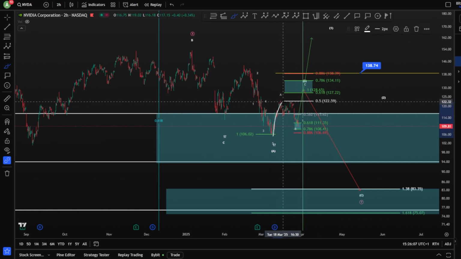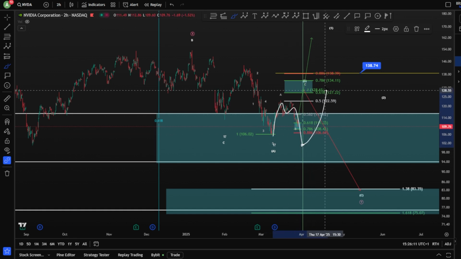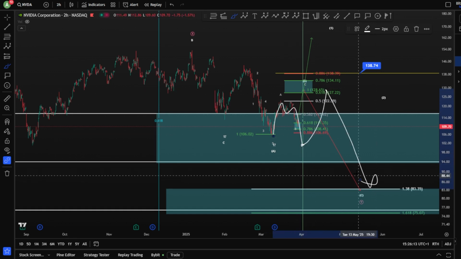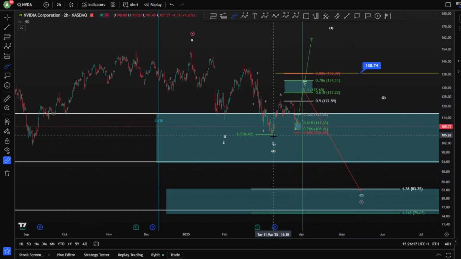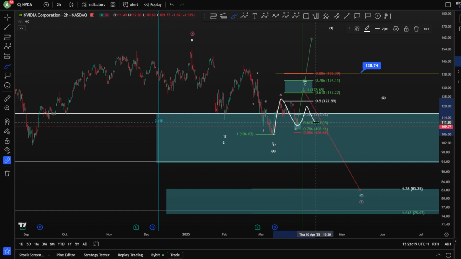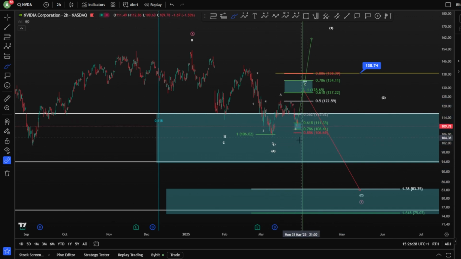Because this can be also 3 waves up, 3 waves down, expanding flat, wave C toward the upside again, and then moving down. So you see the possibilities here are very, very huge. It can be even turning into a triangle, nobody knows, as an X and then a wave Y. So a lot of patterns might unfold.